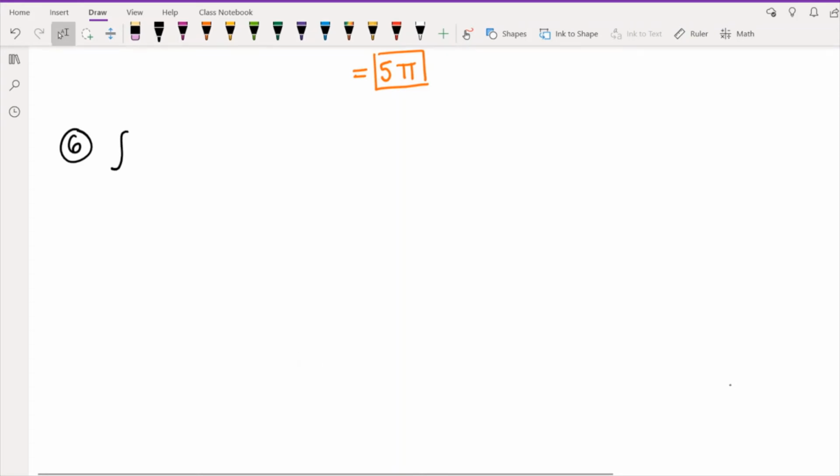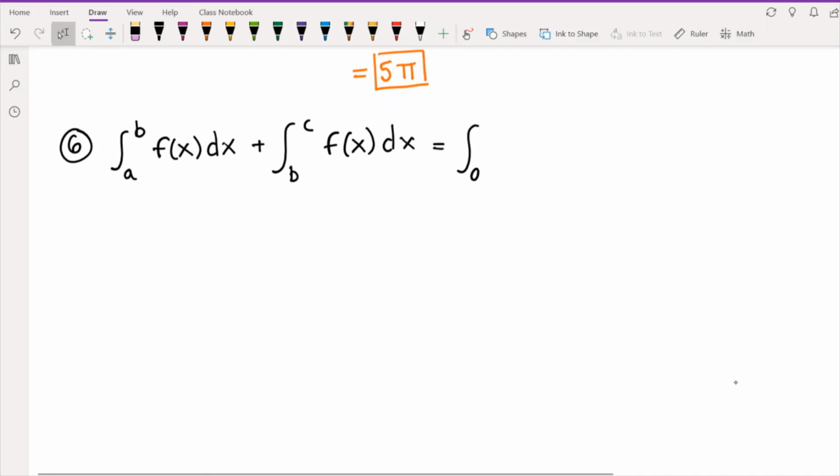So if you have the integral from a to b of a function f of x, and you add that to the integral from b to c of the same function. It's really important that when you're using this rule, they have to be the same function. Otherwise, this doesn't make sense. That is going to be the same thing as the integral from a to c of f of x dx.